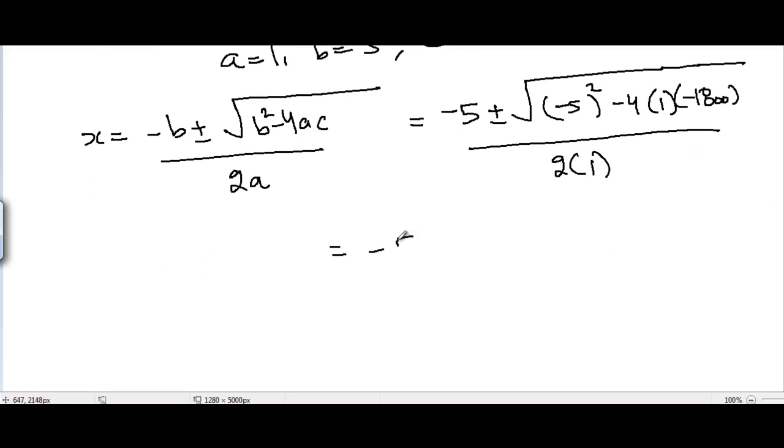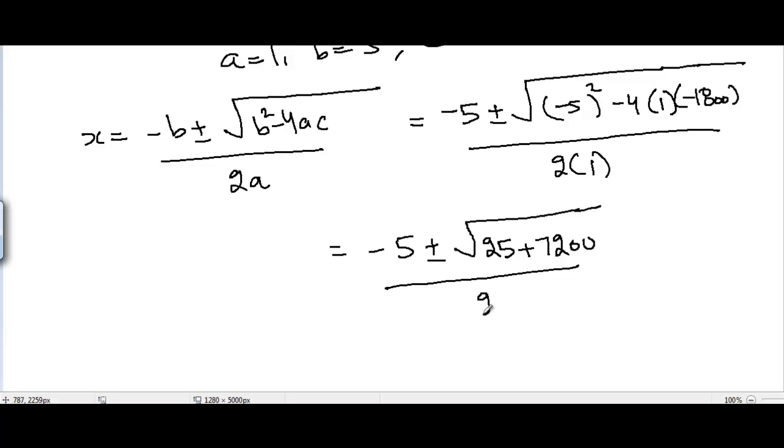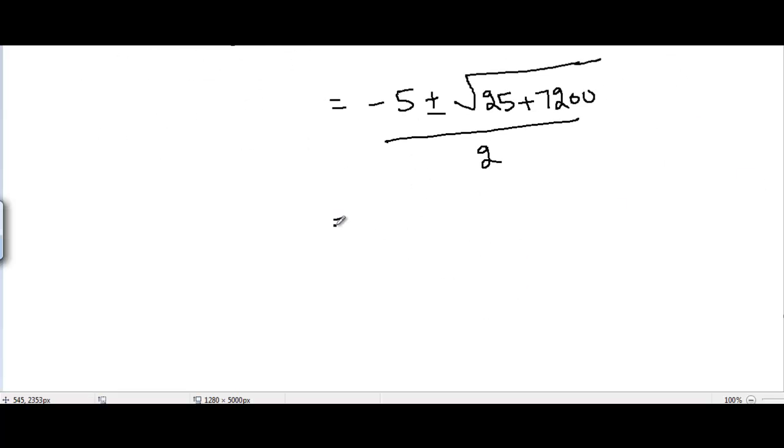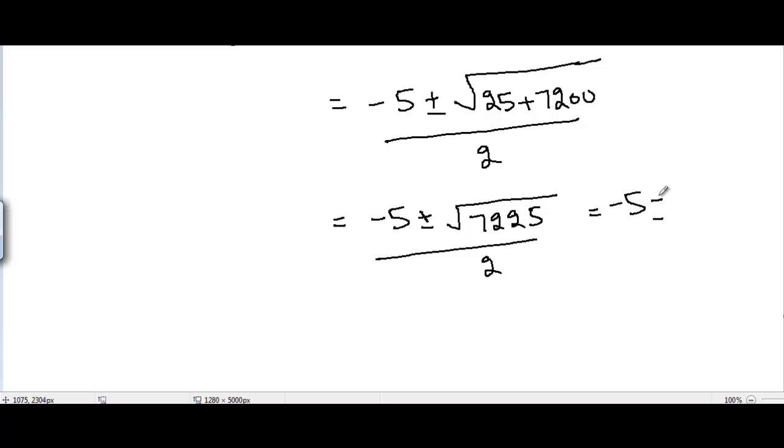It's equal to minus 5 plus minus square root of 25, and 4 times 1800 is 7200, so we get 7225, divided by 2. The square root of 7225 is 85. You can check it, it comes out 85, divided by 2.